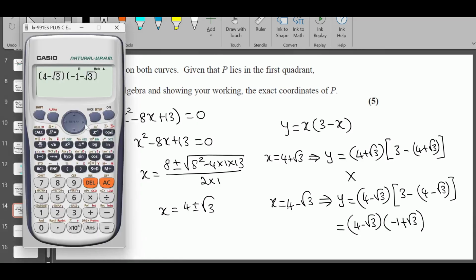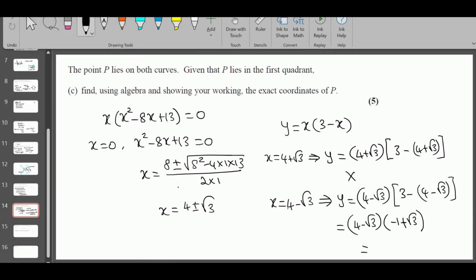So it's going to be minus 1 plus root 3. That's a positive number. Minus 7 plus 5 root 3. So therefore P will be (4 minus root 3, minus 7 plus 5 root 3). Both x and y coordinates should be positive.